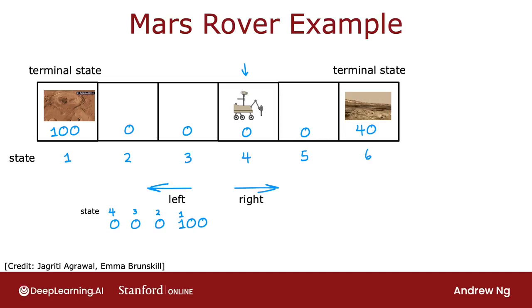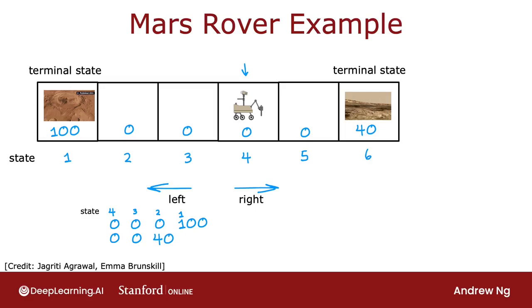Now, instead of going left, the robot could also choose to go to the right, in which case, from state 4, it would first have a reward of 0, and then it'll move right and get to state 5, have another reward of 0, and then it will get to this other terminal state on the right, state 6, and get a reward of 40. But going left and going right aren't the only options.